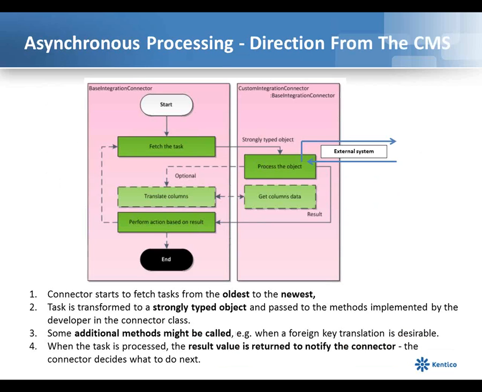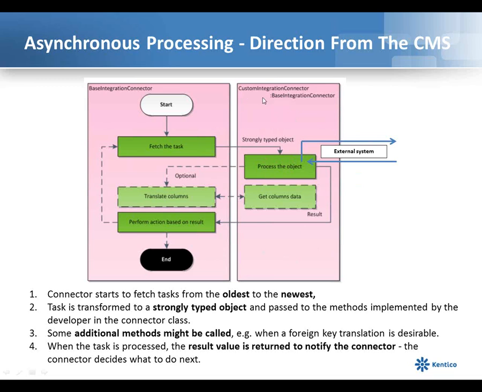Now this is how it works when we're talking about outbound direction, so direction from the CMS to external system. So forget about the left part for a while. So it's very simple, because what you're doing here, you as a developer, is integrating only this right hand side, and specifically only one method.